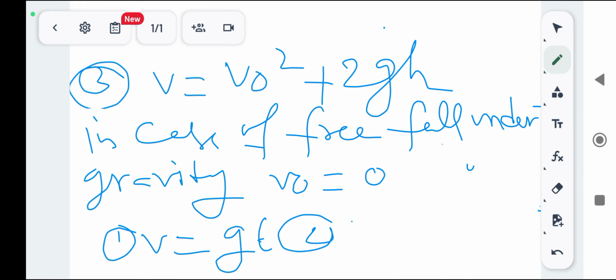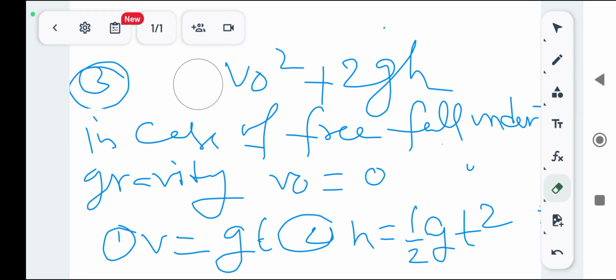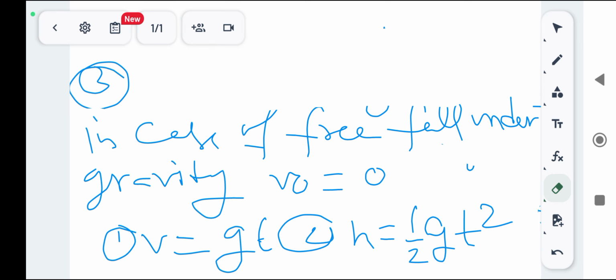The second equation, h is equal to half gt square. And the third equation is v square is equal to 2gh.